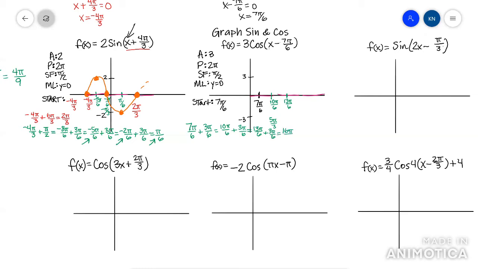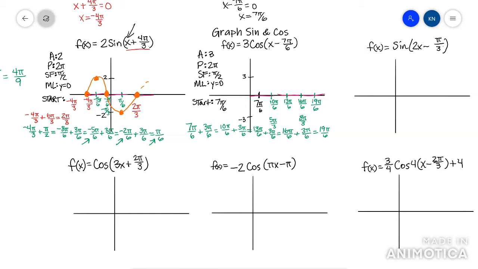Next one's at 16 pi over 6, which is really 8 pi over 3. My last one's at 19 pi over 6. That's the end location.